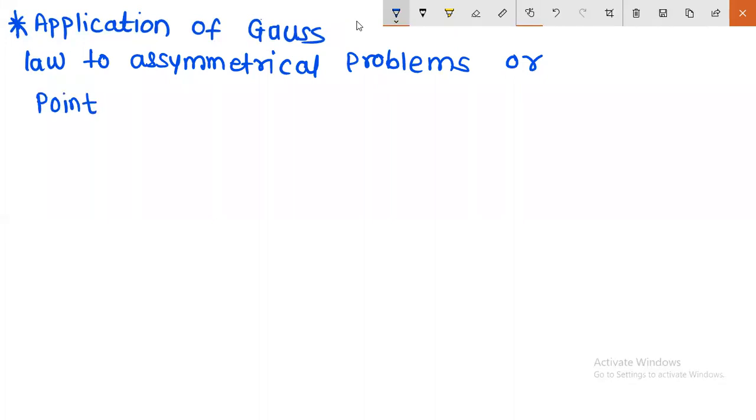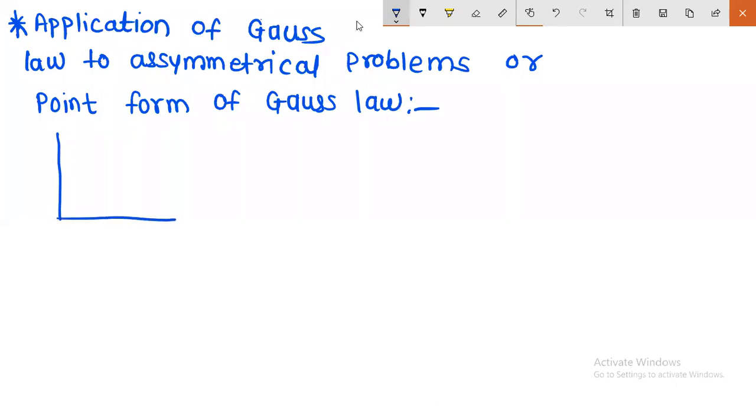Mostly this is called the point form of Gauss law. Okay, so everyone concentrate, because it is a very important concept. So consider here the Cartesian coordinate system first.